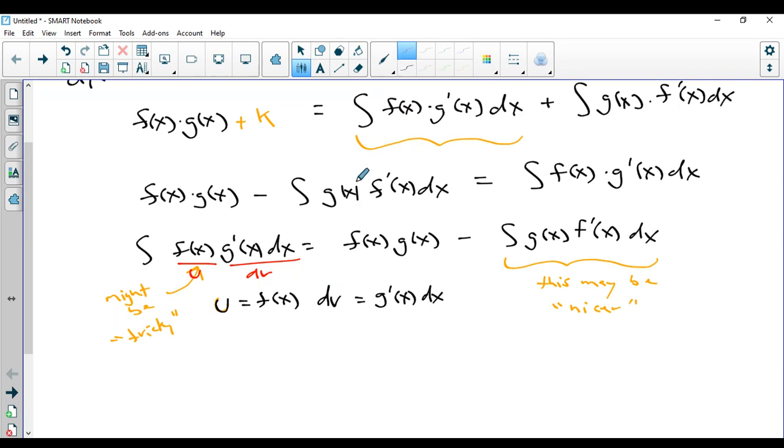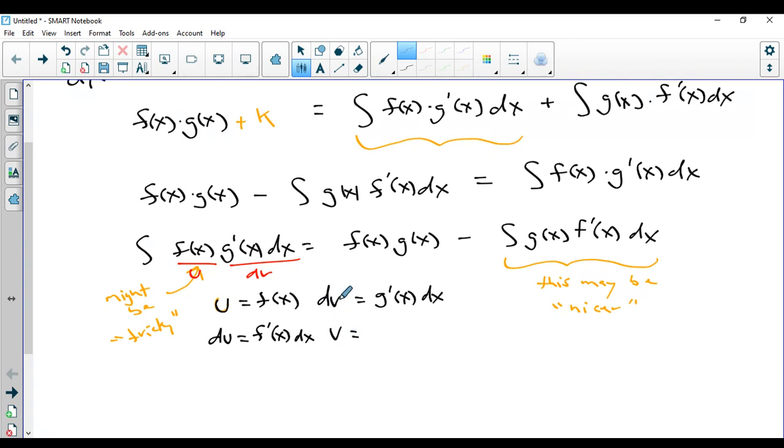Now, once I pick my u and my dv, I'm going to compute what du would be, and I'm going to compute what v would be. Well, if I have u and I want to compute du, that's just going to be the derivative of u, and then, of course, I have to do dx there to get the differential. What do you think I have to do to go from dv to v?